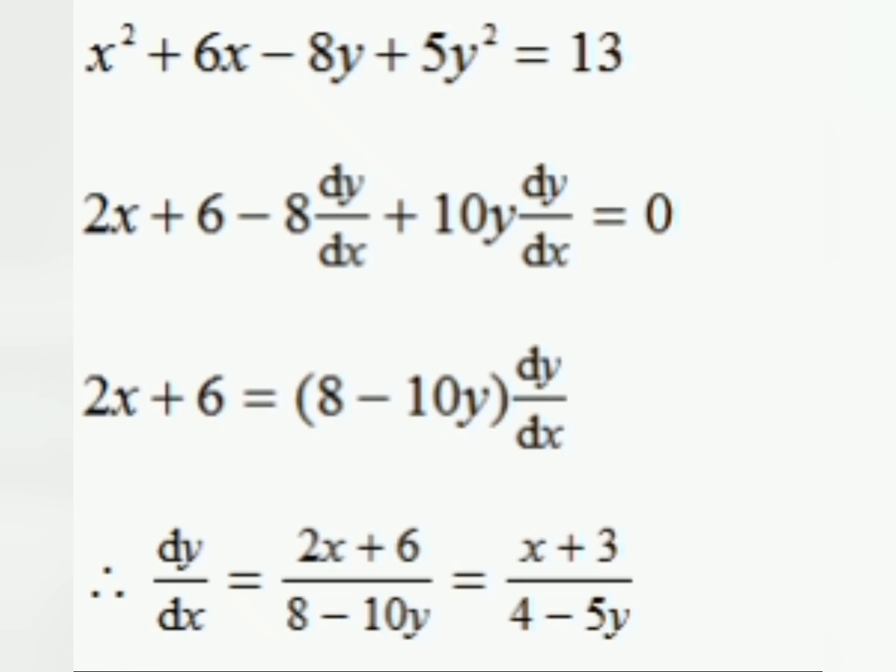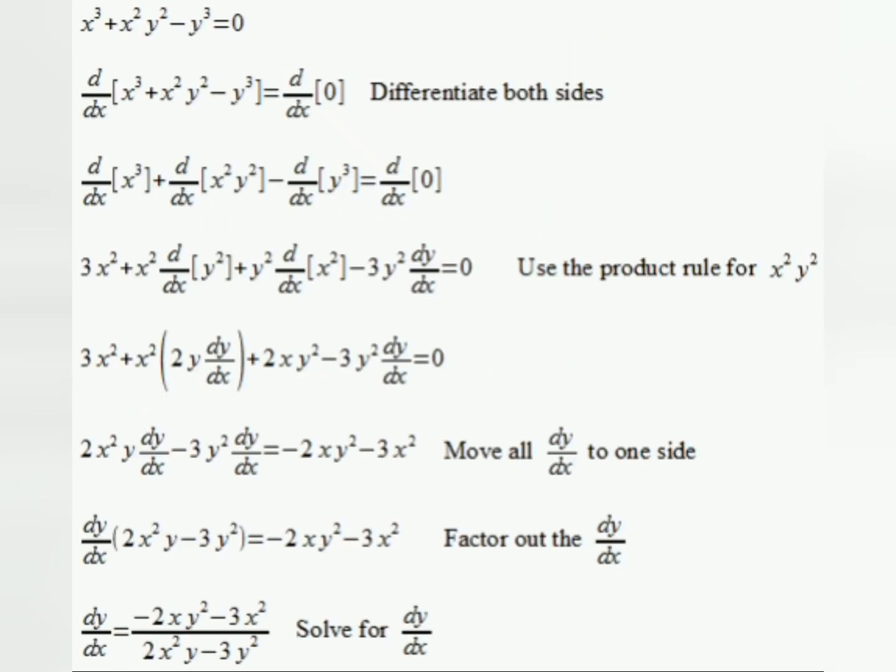Let's take our example 3. In our example 3, x and y are multiplying in the middle. So you differentiate the first x and then the last y. But the middle one, because they are multiplying, you have to use the product rule in solving them.